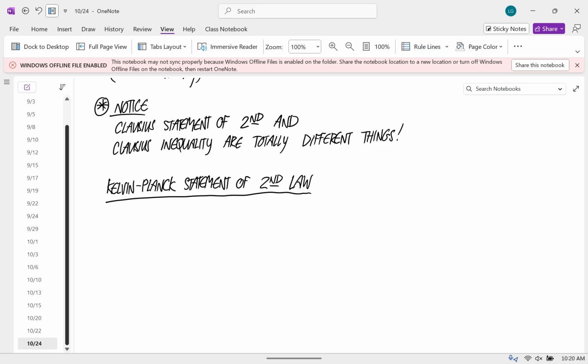And one way you can think of this is that you can't use all the heat from a hot reservoir to produce work in a power cycle.